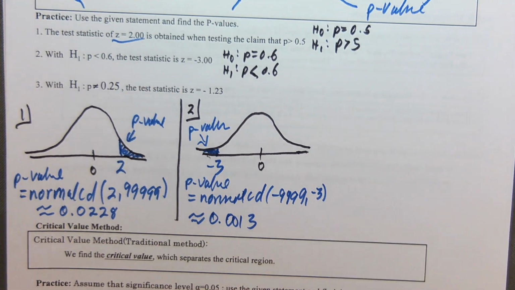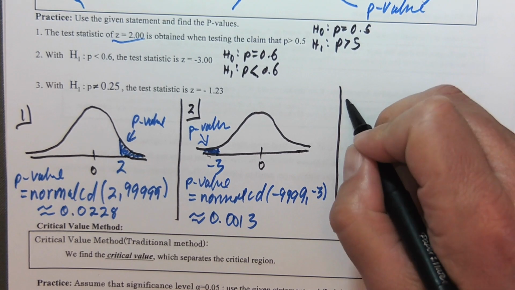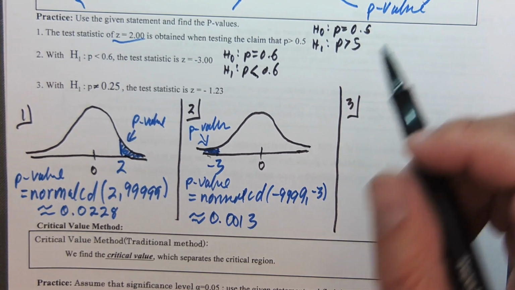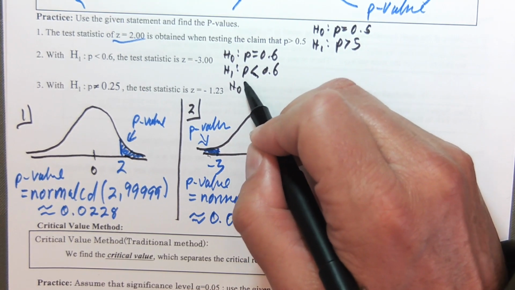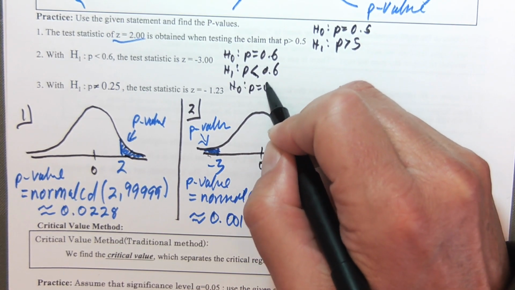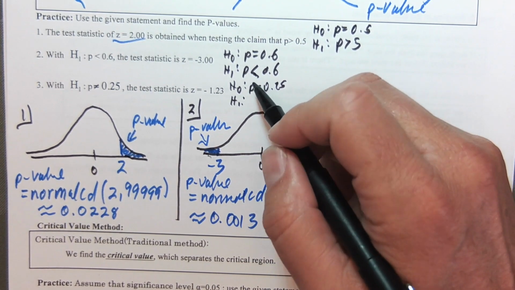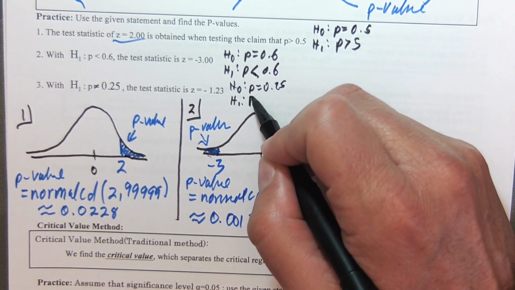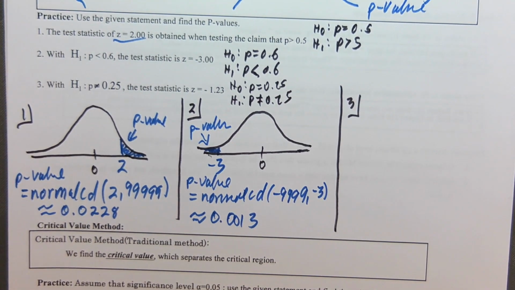All right, we have our third scenario. And here we have that the null hypothesis is that p is equal to 0.25. Our alternative hypothesis is that it's not equal to. Now remember, this is going to give us a two-tail.